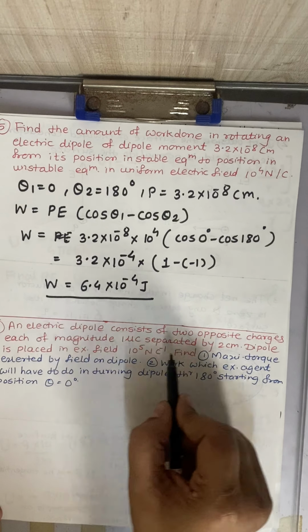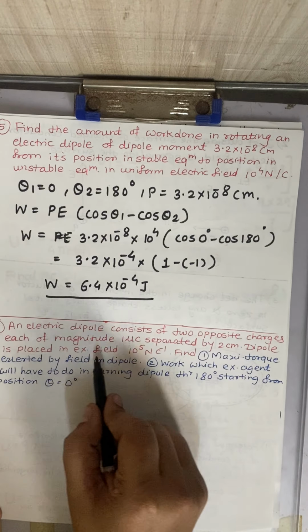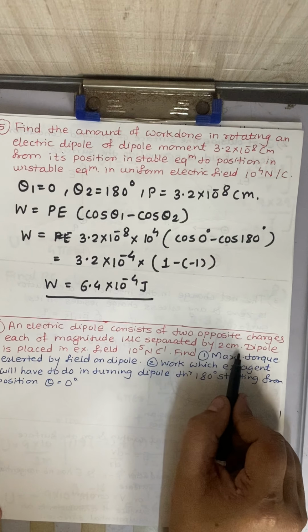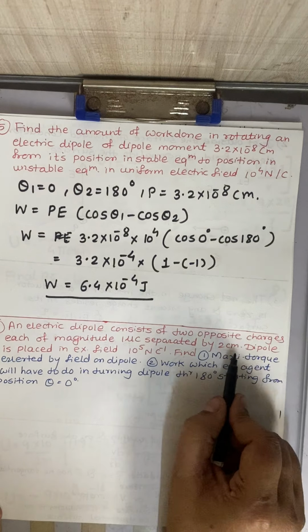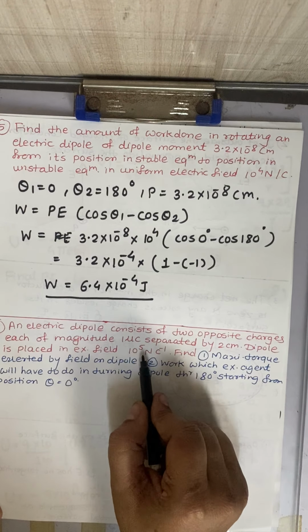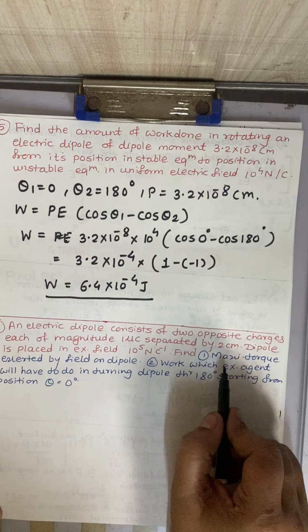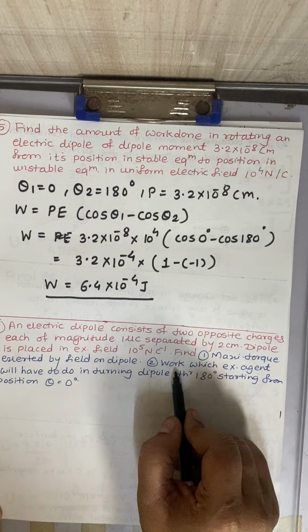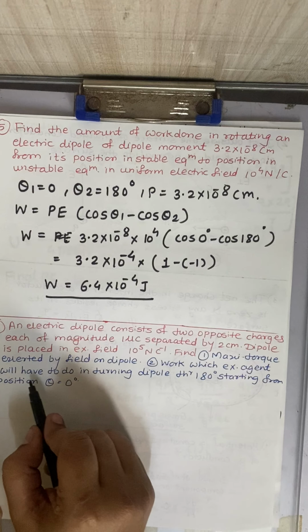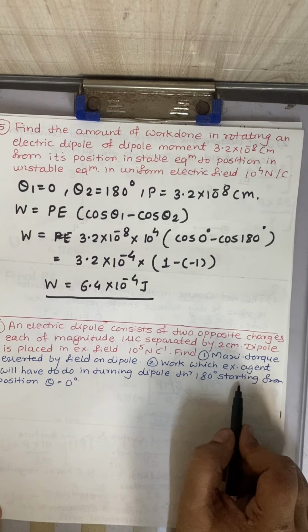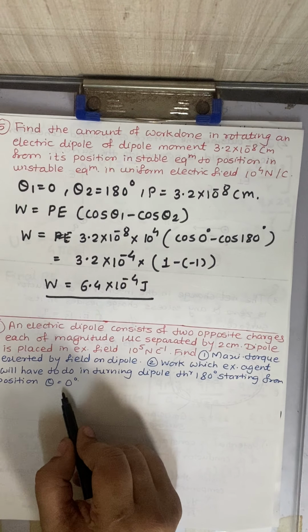Now in a similar manner, there is another question. An electric dipole consists of two opposite charges, each of magnitude 1 microcoulomb, separated by 2 centimeter. The dipole is placed in an external field of 10 raised to 5 Newton per coulomb. Find the maximum torque exerted by the field on the dipole and the work which an external agent will have to do in turning the dipole through 180 degrees starting from the position 0 degree.